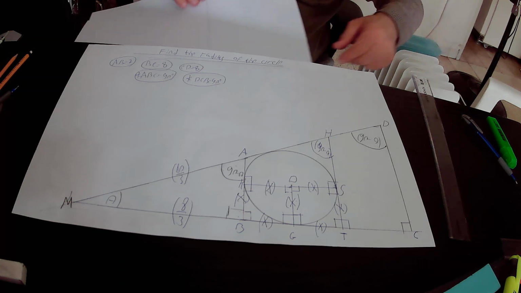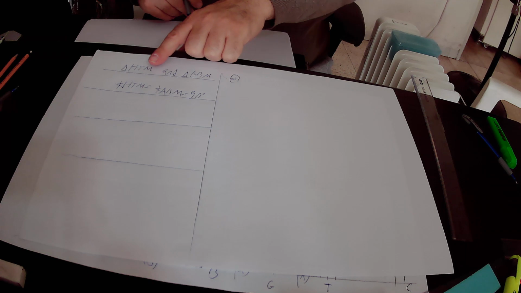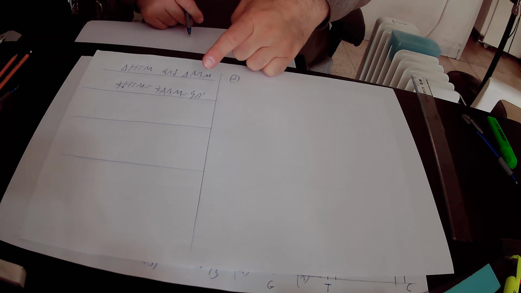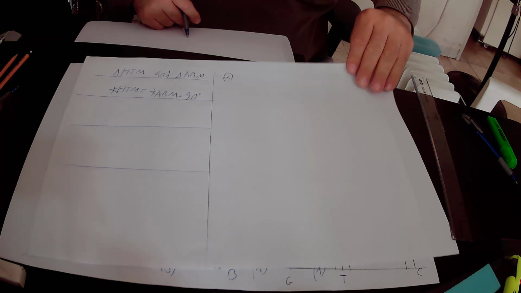Repeat again. Angle HTM in the big right triangle HTM equals angle ABM in the right triangle ABM. They are both equal to 90 degrees, therefore they are equal to each other.